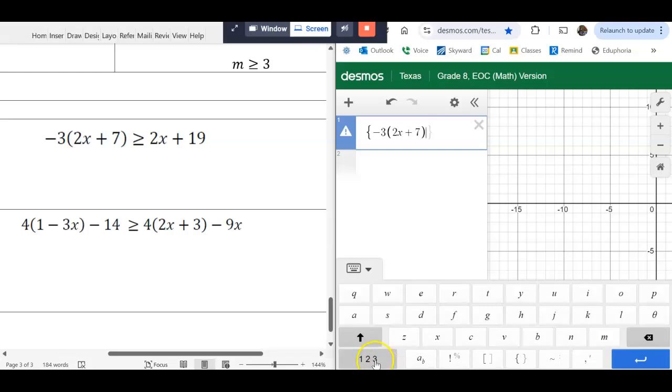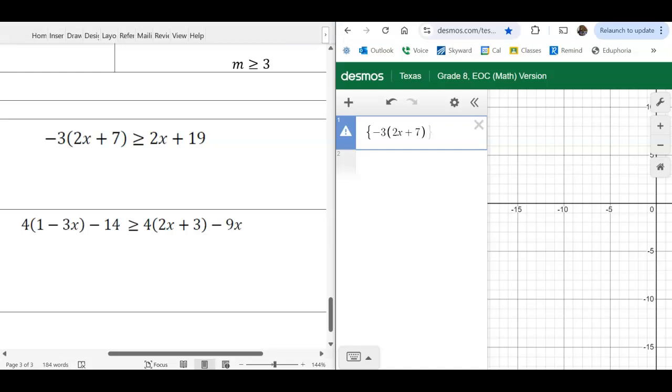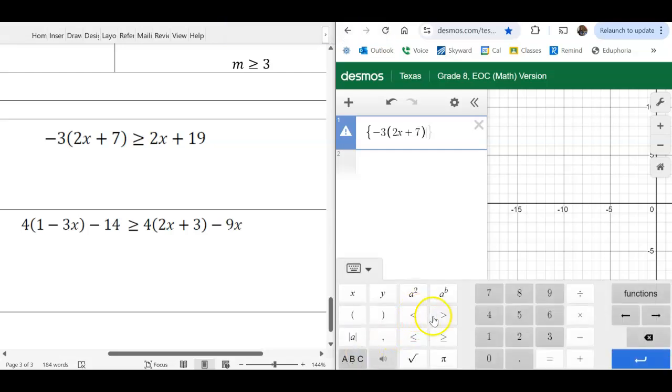Now, to get the symbol on your Desmos, again, everything in Desmos is in this button right here, right? So you click that, and then you've got the symbol greater than or equal to 2x plus 19. Before you even hit the last bracket, it pops up on your graph, okay?